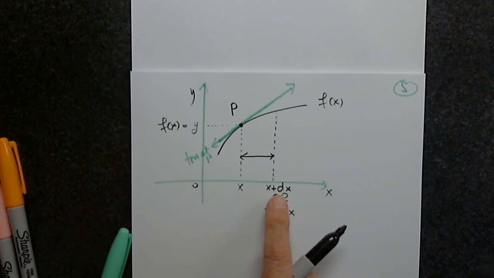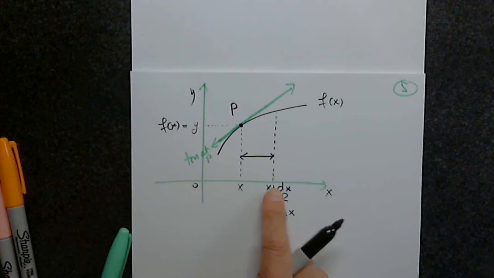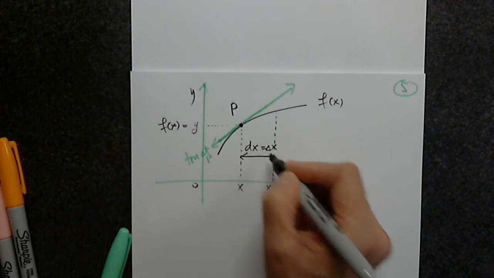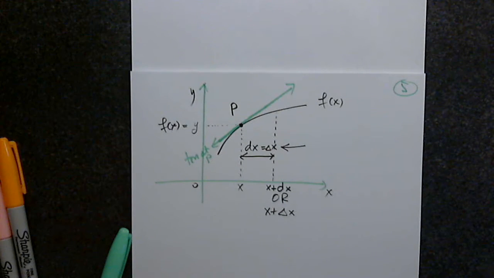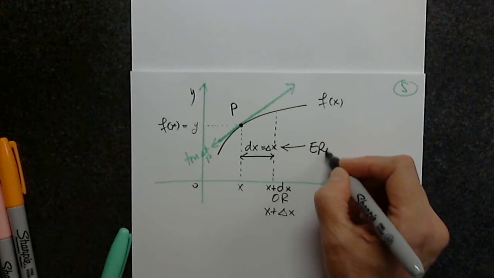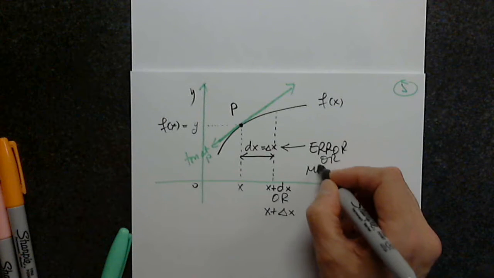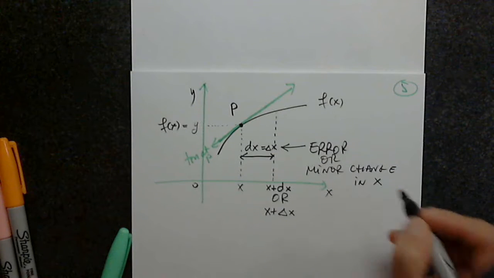If this is x and this is x plus delta x or dx, how wide is it? No, this is x and this is x plus dx, so this is just dx, which is delta x. And we've seen this before, this time we're going to call it an error, or minor change in x.